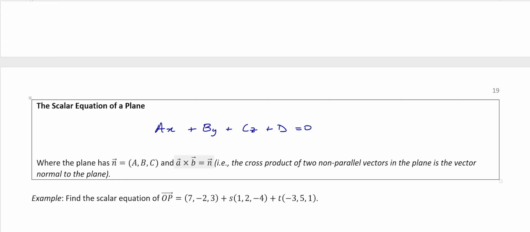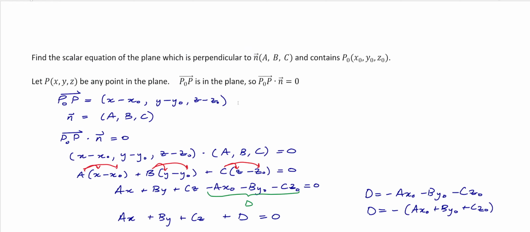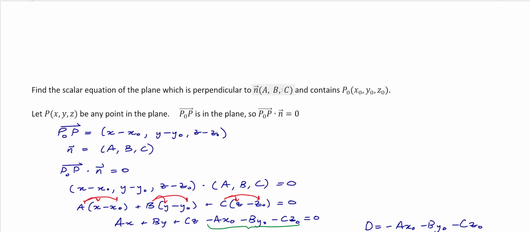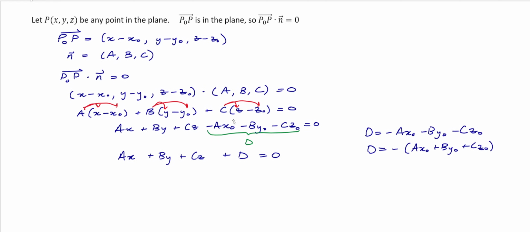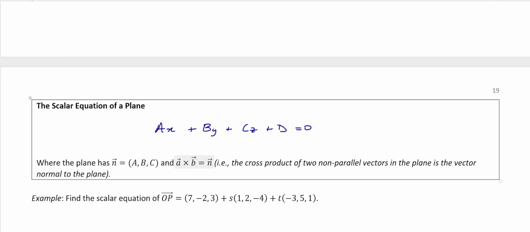And then a cross b was the normal vector. So the cross product of your basis vectors makes that normal vector, right? So we can see right here, a, b, and c were the components of the normal vector. Those are now the coefficients of x, y, and z in the scalar equation of the plane. This is very similar to the scalar equation of a line in 2D space.